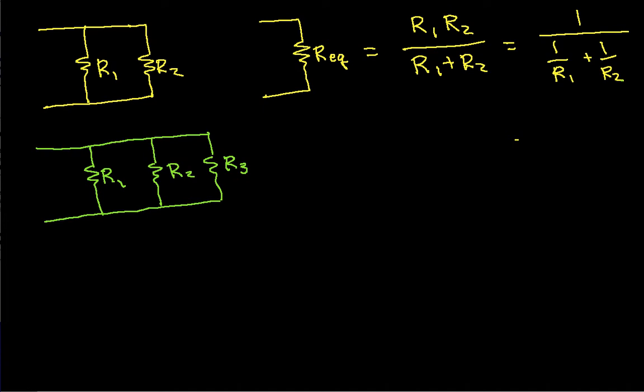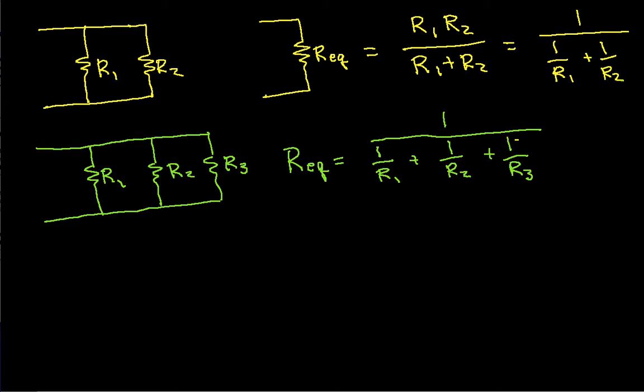The equivalent resistance here, we'll write that in green so you can tell the difference between the two. Okay, the equivalent resistance here is given by 1 over 1 over R1 plus 1 over R2 plus 1 over R3. Okay, and that's not that hard to compute.